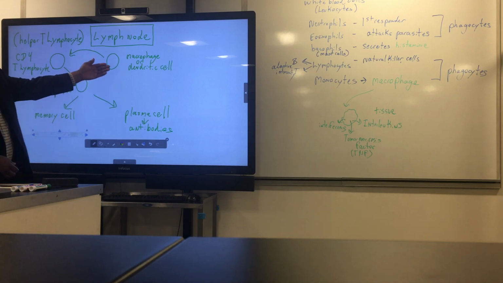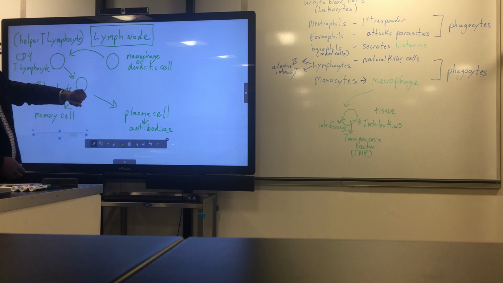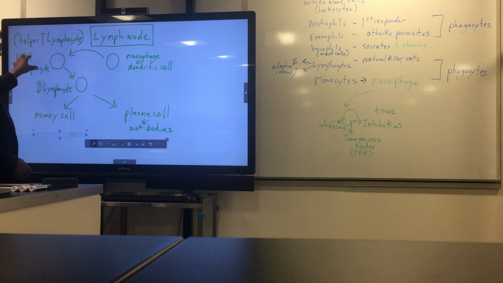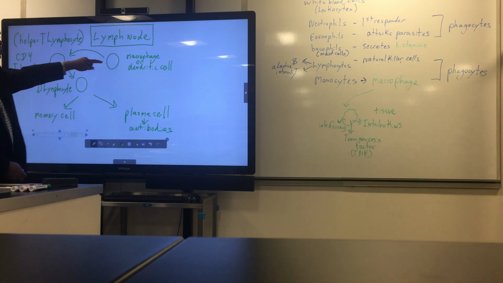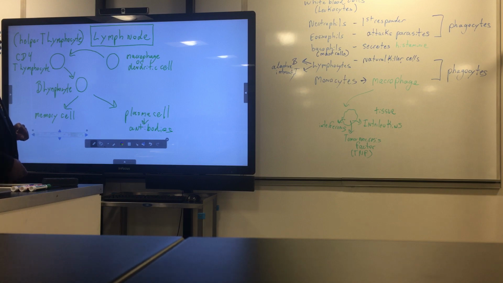We're going to have a macrophage present the actual antigen, right? And then who's going to see it is actually going to be a CD4 T lymphocyte. That CD4 T lymphocyte, okay, is now going to be activated after it sees that antigen, okay?